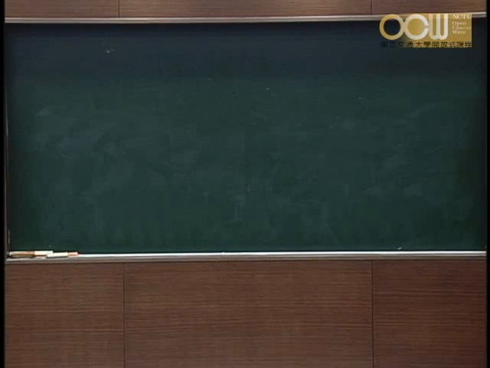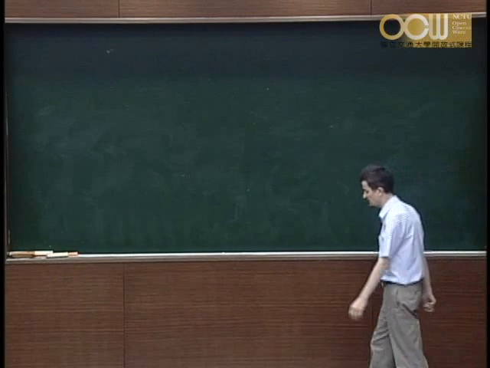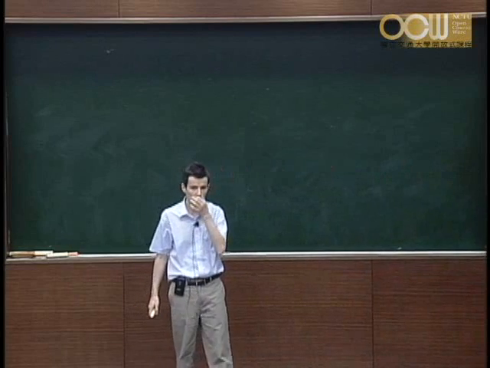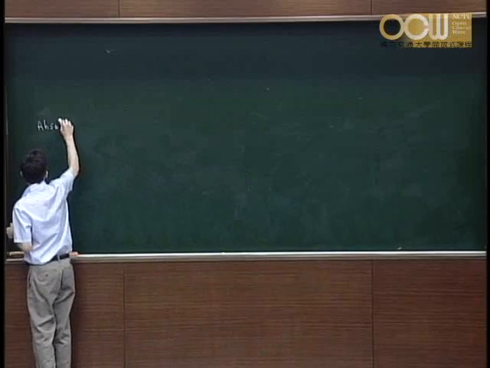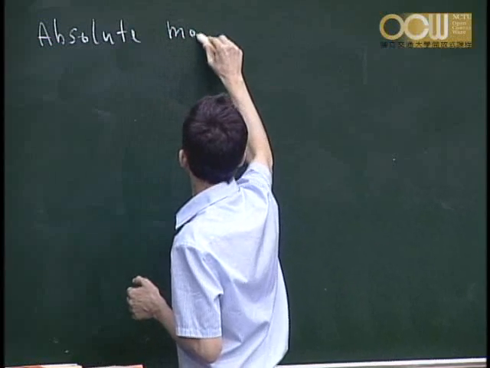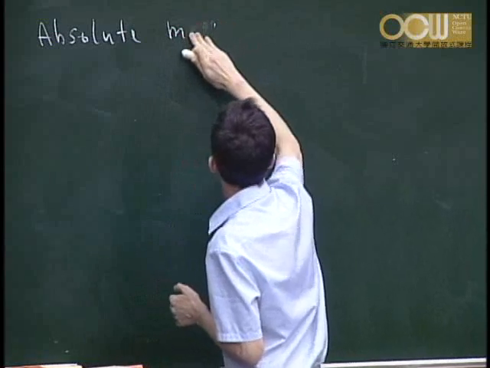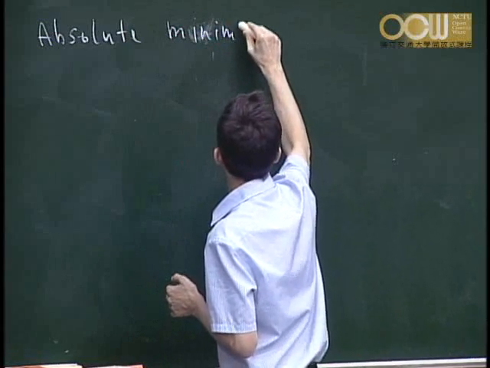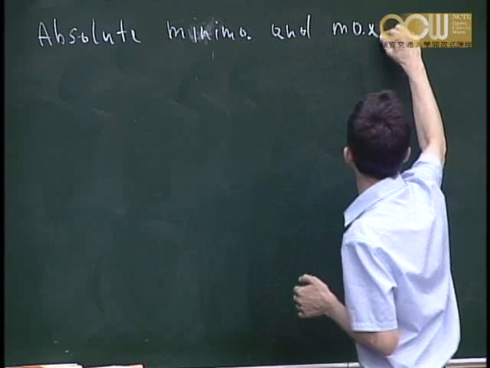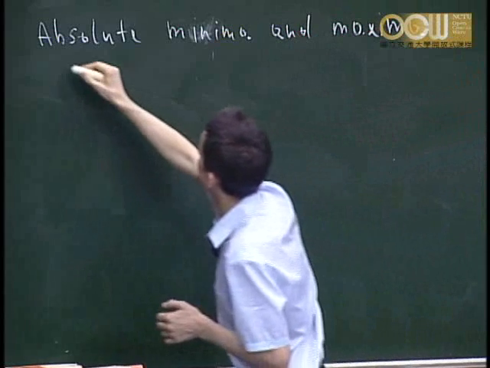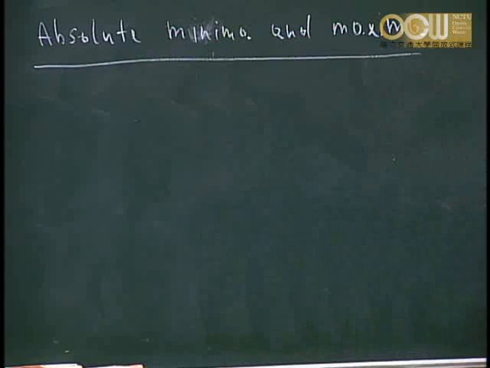Now, so far we have only discussed how to find local extrema. So how about absolute extrema? Last semester we had also a method to find absolute extreme values for a continuous function.